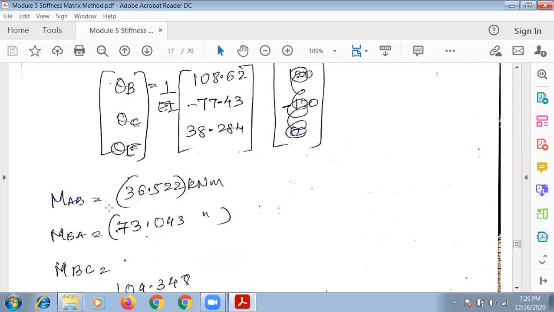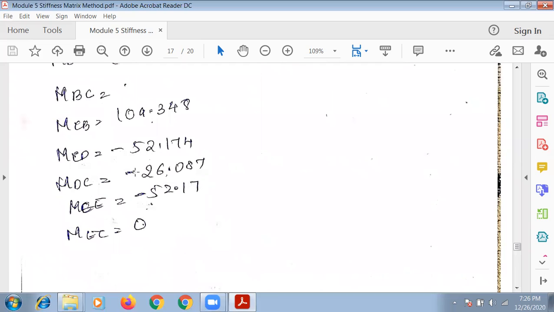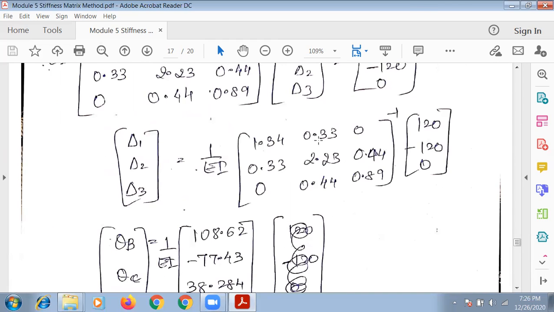MBA is equal to MFBA plus 2EI by L, then 2 times theta B plus theta A minus 3 delta by L. Calculate like this, up to MEC. Put the formula and calculate all the final end moments. All right, that's all for today. Thank you.